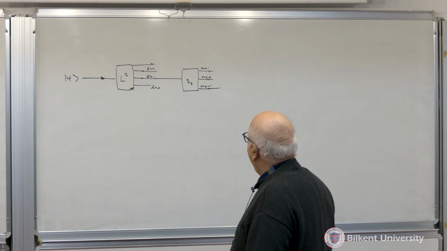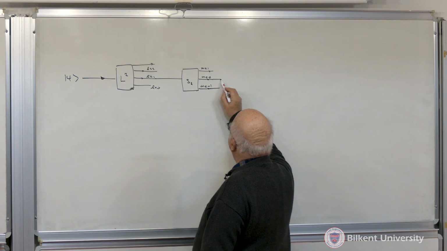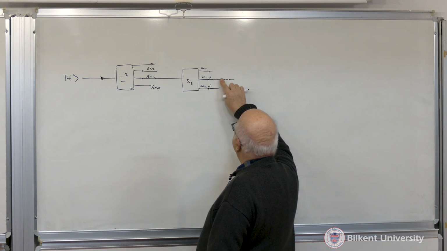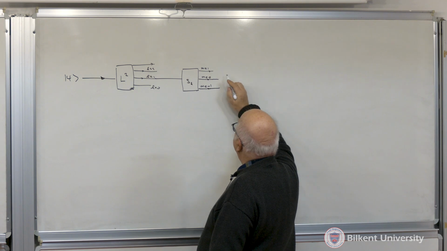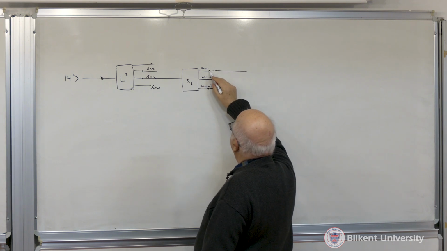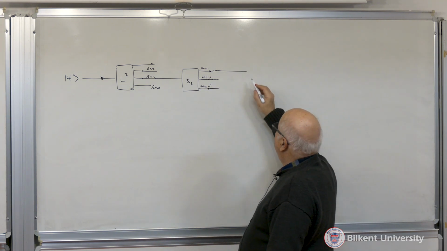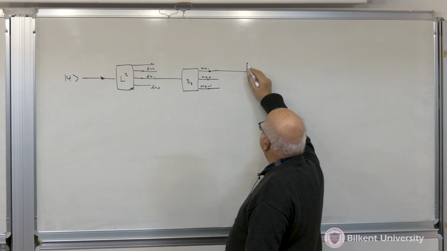Okay, so now I take one of these beams. It doesn't have to be M equal to 0. Let's just choose, in fact, we'll do the calculation for general M, and I now carry out an Sx measurement.